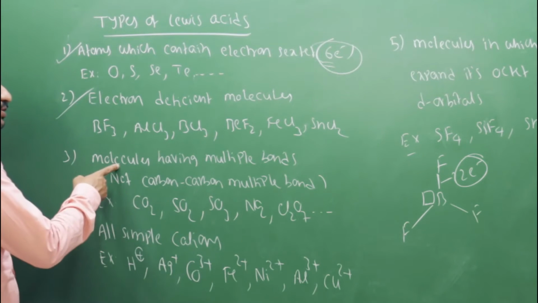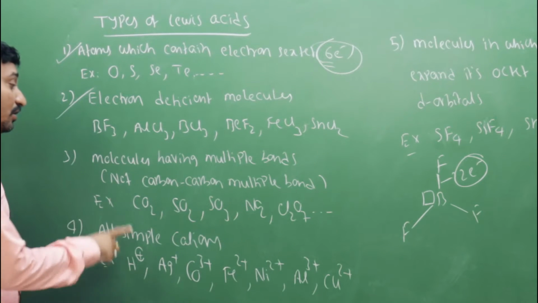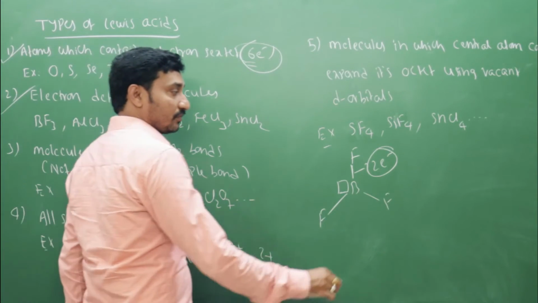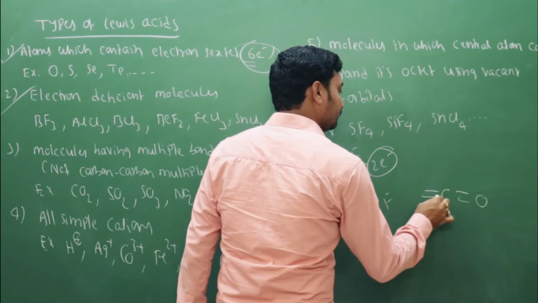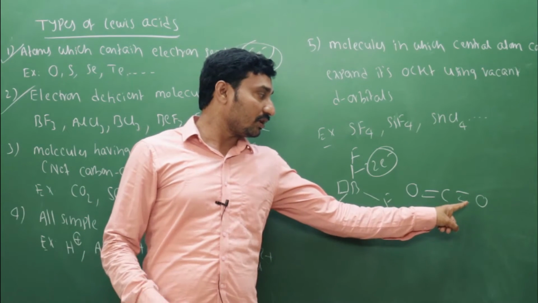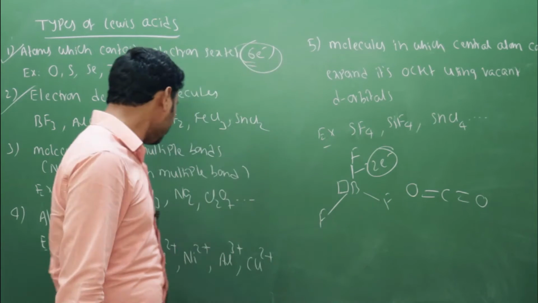Next one, molecules having multiple bonds, not carbon-carbon multiple bonds. CO2, C double bond O, C double bond O, multiple bonds. Multiple bond means double bond, triple bond, like that between the atoms. Carbon, oxygen, double bond.